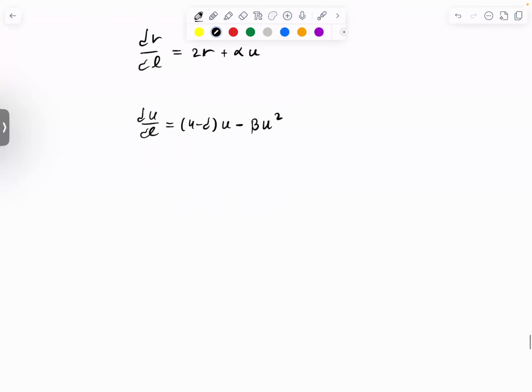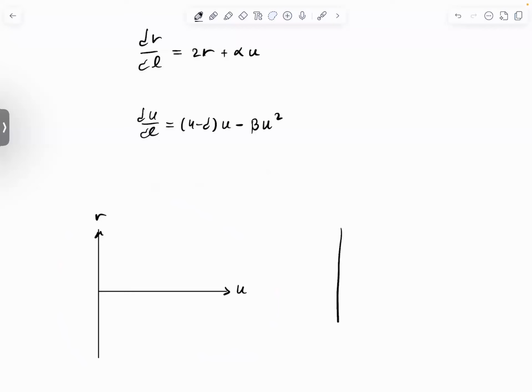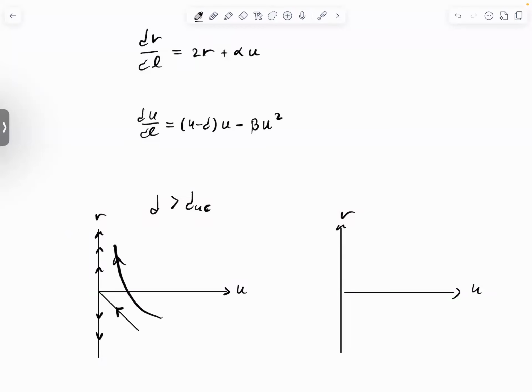And if I plot this kind of flow in terms of r and u, then we get that for d larger than the upper critical dimension, which in this case is 4, we basically have a direction like this and a direction like that, and therefore the flow lines look like this, the streamlines.